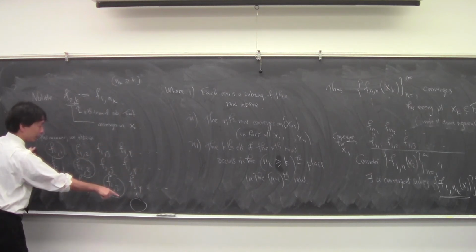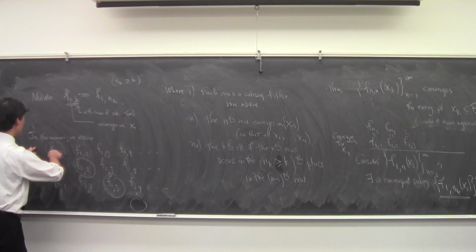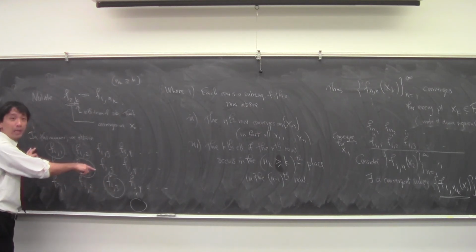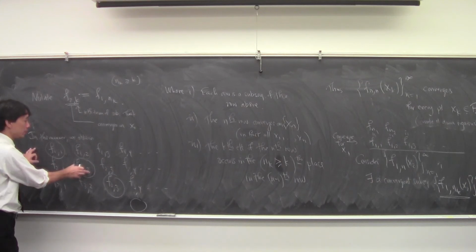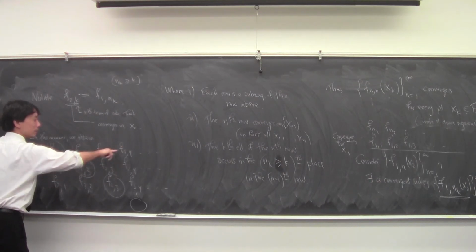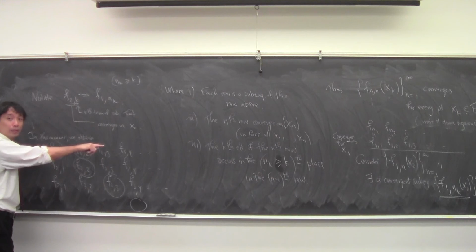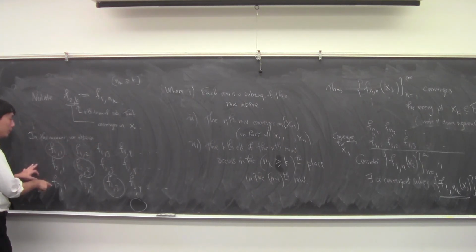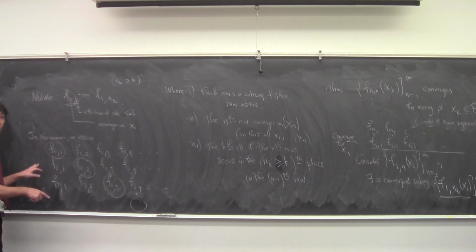So if these converge to something, then the sequence is going to converge even faster, because it advances faster down the line than the original row. And the same thing goes for x2, the same thing for each point. You're going to get a sequence that advances faster than the original row, which converges to some value.